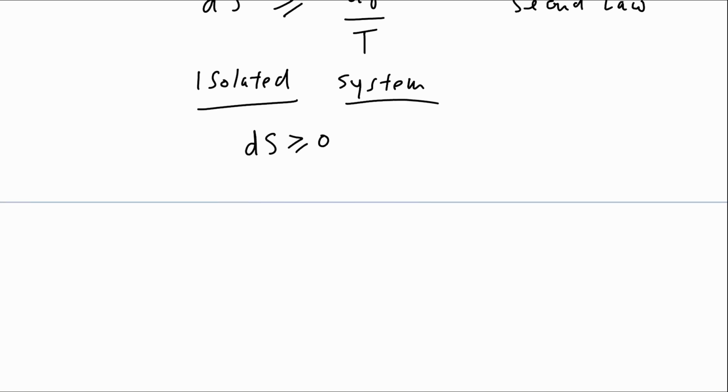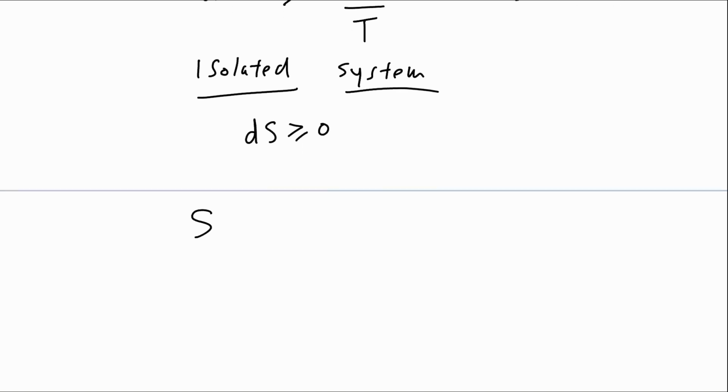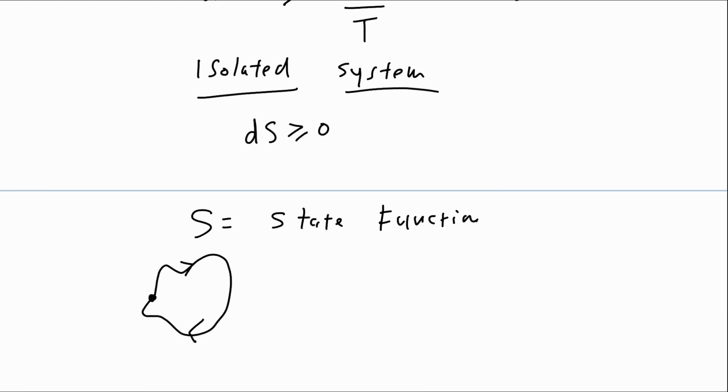But now, just to remind you of that, S is a state function. And so that means if I go around a loop, and we used this with the Carnot cycle, right? If I go from A on a road trip, you're probably thinking, I want to go on a road trip and just get out of Irvine for a while.